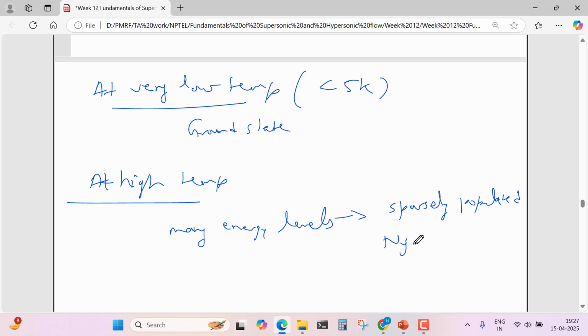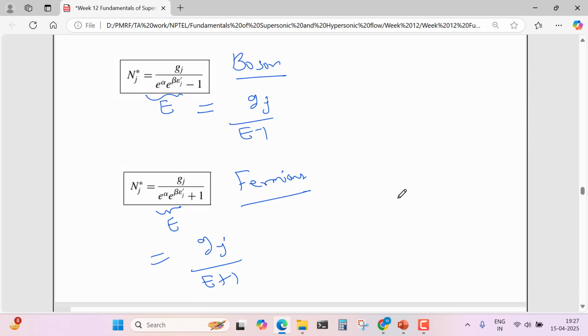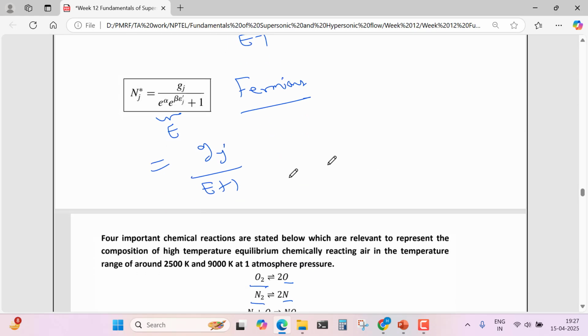Which means Nj will be very much less than gj. The number of particles in the jth energy level will be very much less than the degeneracy of the jth level. Due to which, what will happen if you see these equations?